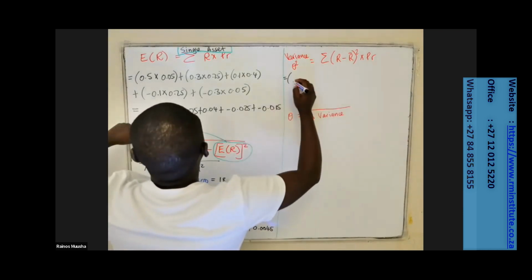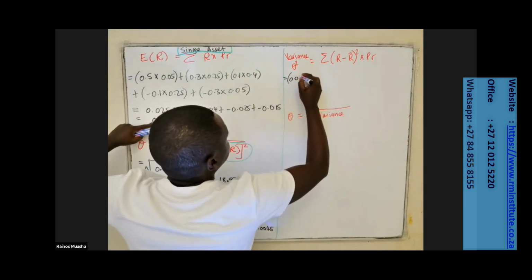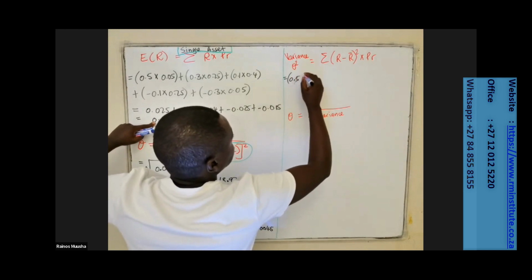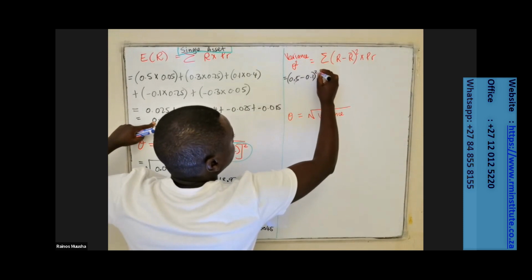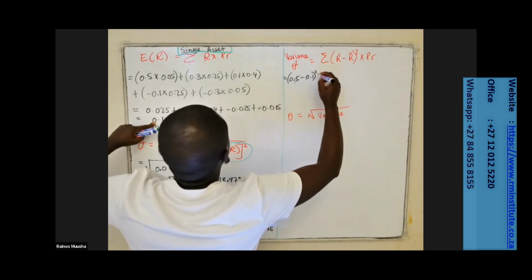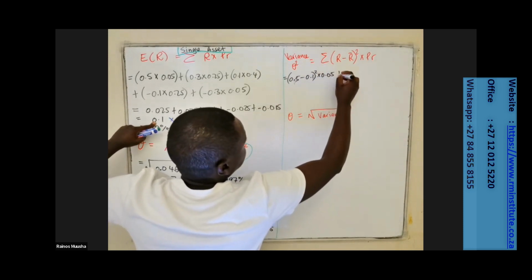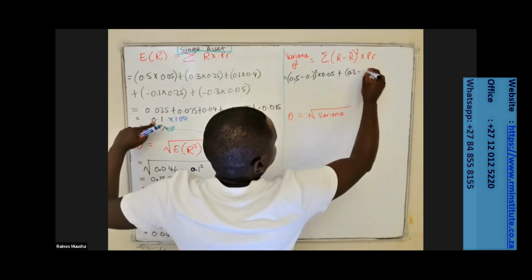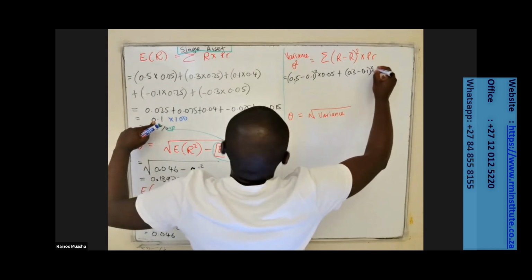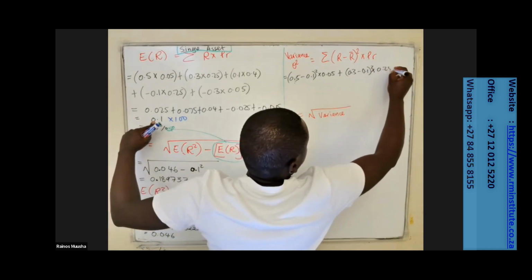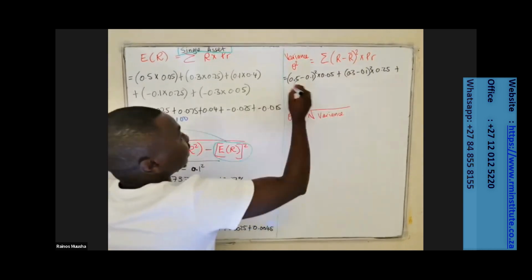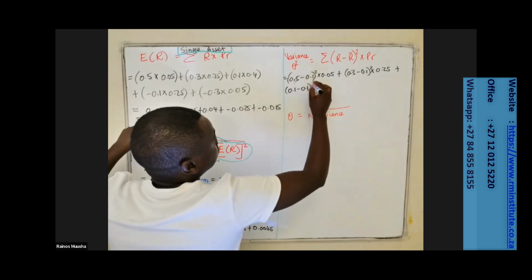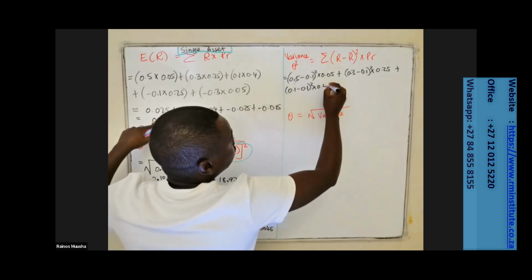So it would be equal to 0.5 minus 0.1 squared times the probability of that happening, which is 0.05, plus, for the second scenario, 0.3 minus 0.1 squared times the probability of that happening, which is 0.25, plus the next scenario is going to be 0.1 minus 0.1 squared times the probability of that happening, which is 0.4.